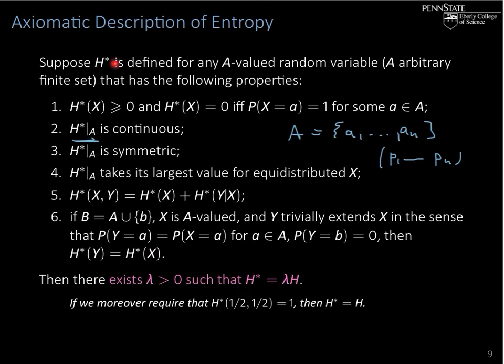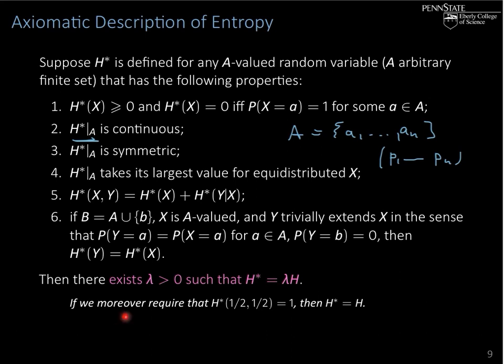So if this H star satisfies all these six properties, then one can show that there exists a real number lambda such that H star is just lambda times H. So these 6 properties fix the entropy up to a scalar multiple.